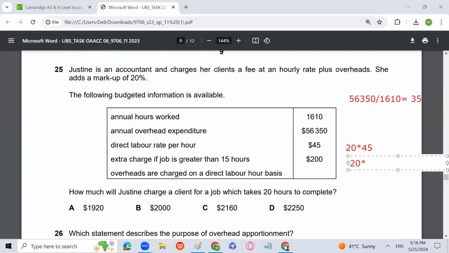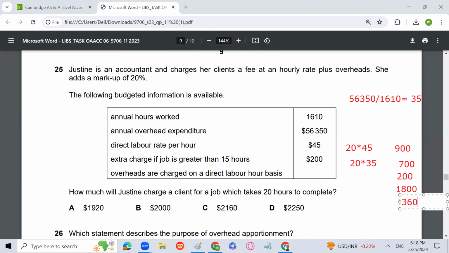Multiply it with 35, and then you will add it up, but you will also include the 200 extra charge. So 20 into 45 will be 900. 20 into 35 will be 700. And 200 is the extra charge. So the total amount is going to be 1,800, and 20%, 360, will be the markup.